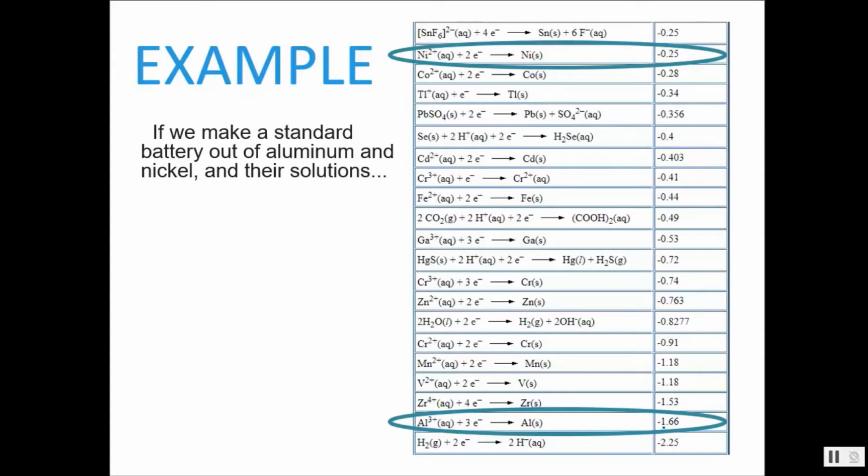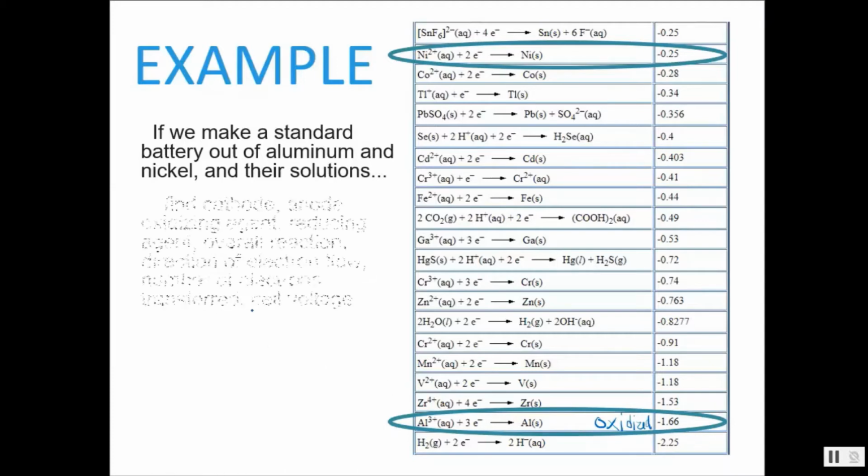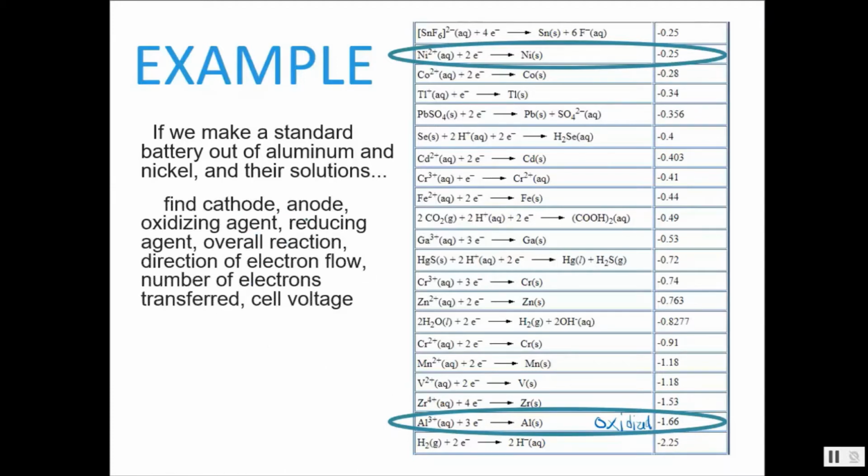Because the aluminum has the more negative reduction potential, that means it's going to be the species that's oxidized. It wants to give up those electrons. So that means when I calculate my standard reduction potential, we are going to want to flip this reaction and flip the sign. Or, I'm going to take this negative 0.25 and subtract negative 1.66.